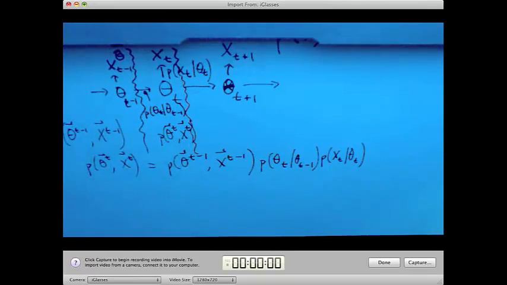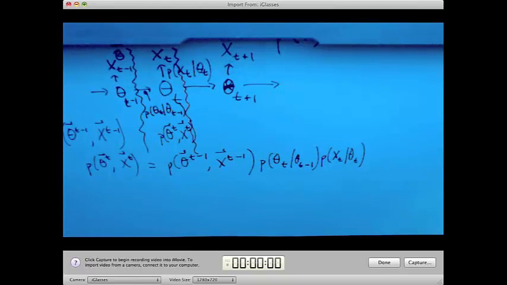Okay, so I've got an equation that gives me what I want to find in terms of the exact same thing at the previous step. And following the exact same process as Viterbi, can I get this for t equals 1? Yeah, for t equals 1, that's trivial, right?